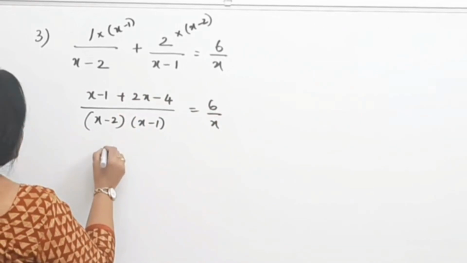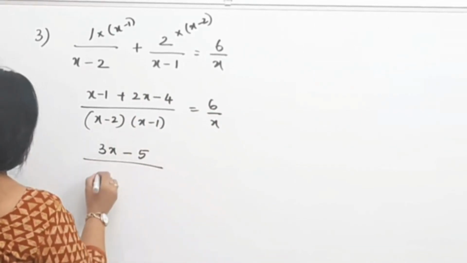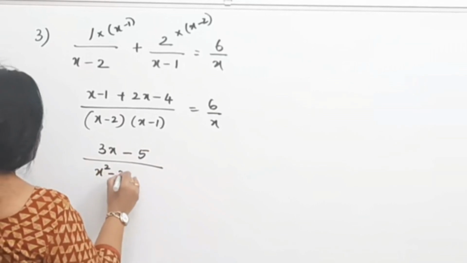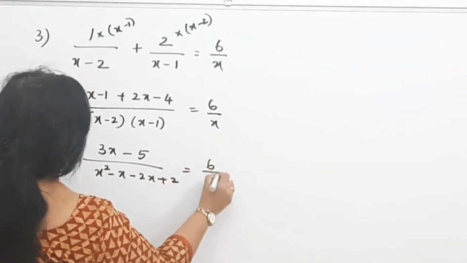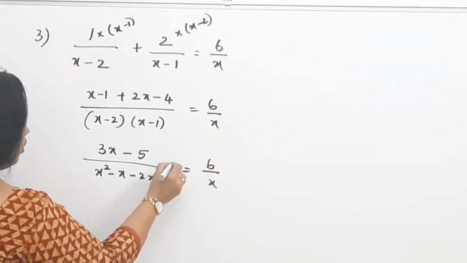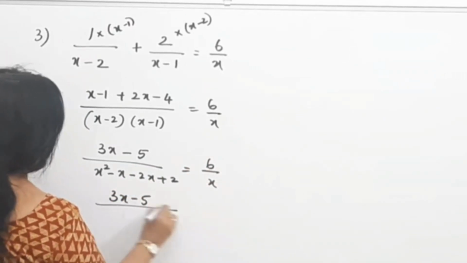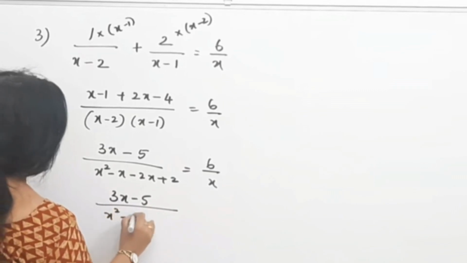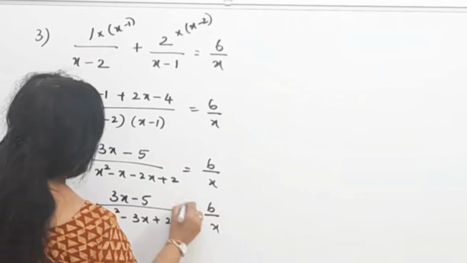Now I can cancel it with 3x minus 5 divided by, I multiply x squared minus x minus 2x plus 2 is equal to 6 by x. Now on simplification, 3x minus 5 divided by x squared minus 3x plus 2 equal to 6 by x.